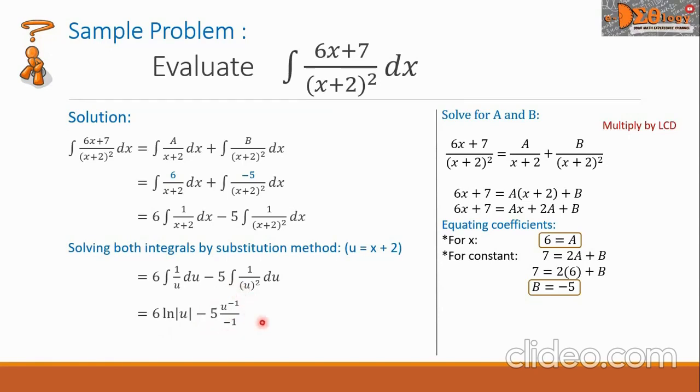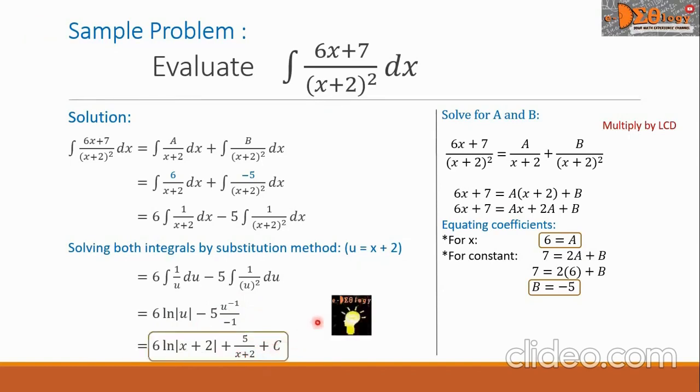Simplifying this, and then replacing u with x plus 2, we will get the final answer as 6 times ln of the absolute value of x plus 2 plus 5 all over x plus 2, plus C. This is the final answer.